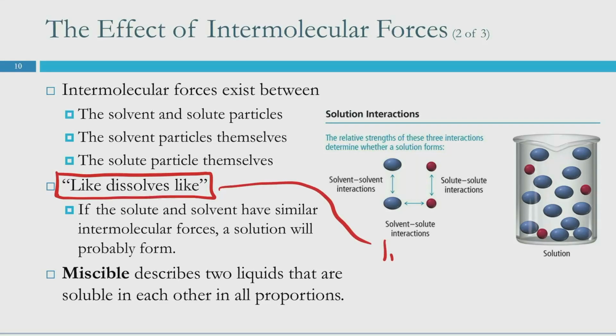And you can substitute either of these likes for polar or nonpolar. Whereas for friend groups, maybe it's jocks and nerds. So for swapping out those likes, polar dissolves polar, nonpolar dissolves nonpolar because of the way that they are.